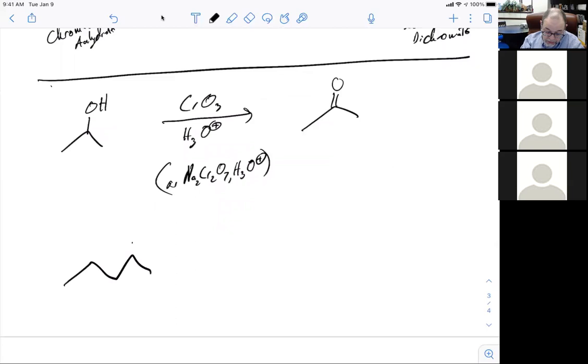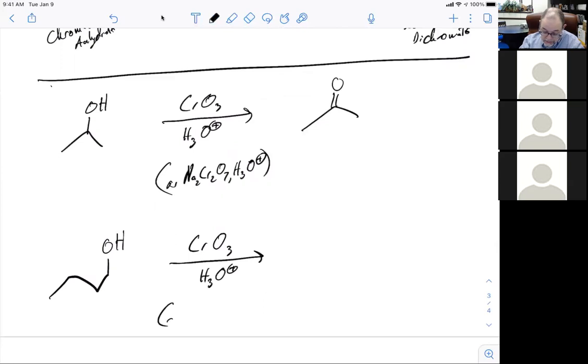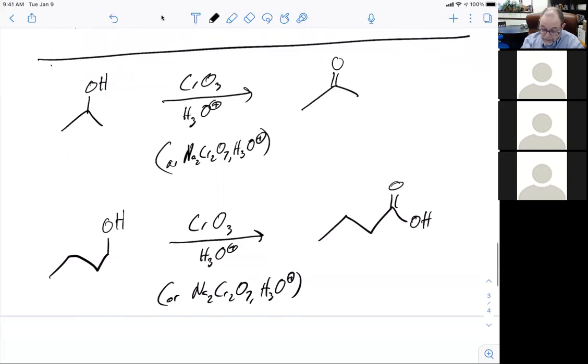If we have a primary alcohol, and let me erase that and redraw that. I have a primary alcohol and I use one of the chromic acid salt reagents. I'm not going to end up with the aldehyde. I'm going to end up with the carboxylic acid.